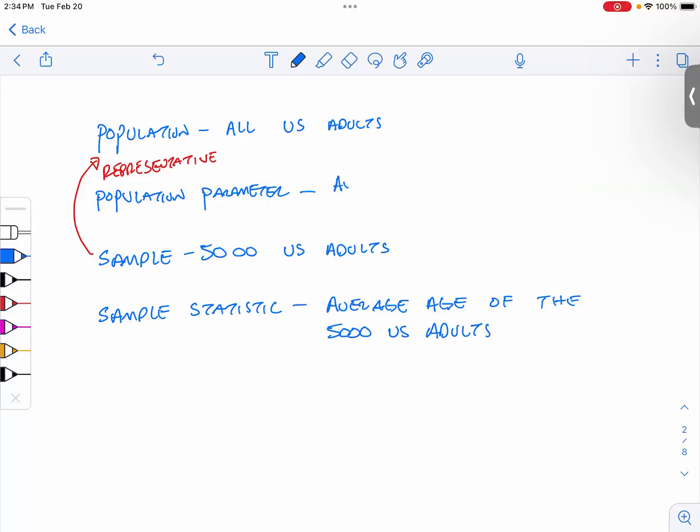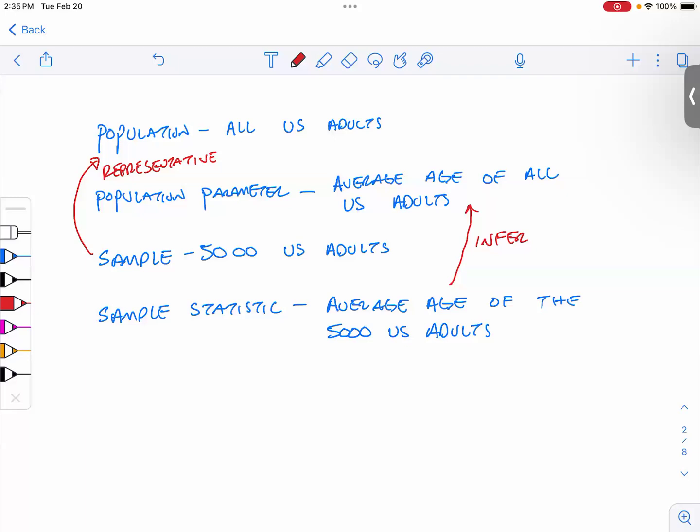This would be the average age of all US adults. The sample statistic is then used to make inferences about the general demographic.